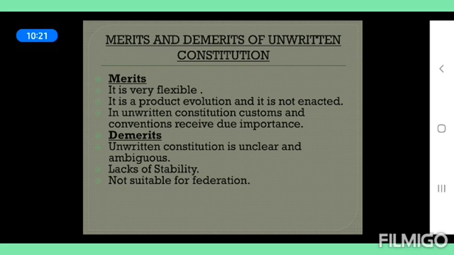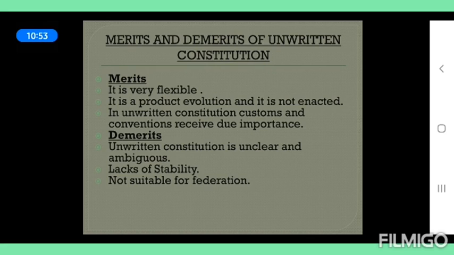It is very flexible. And number two is that it is a product of evolution and it is not enacted. Students, it is a product of evolution and it is not enacted. That means it is not made by the Constituent Assembly or a particular body, as it has evolved through historical evolution. I have already told you that it is a product of slow and gradual evolution.